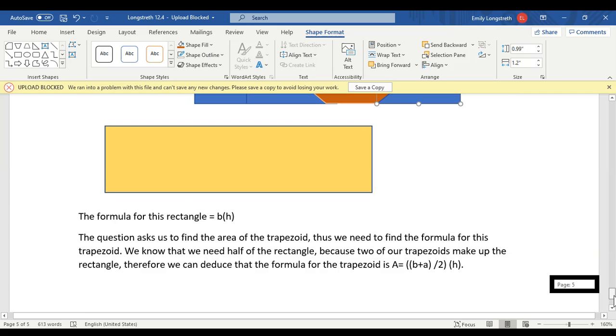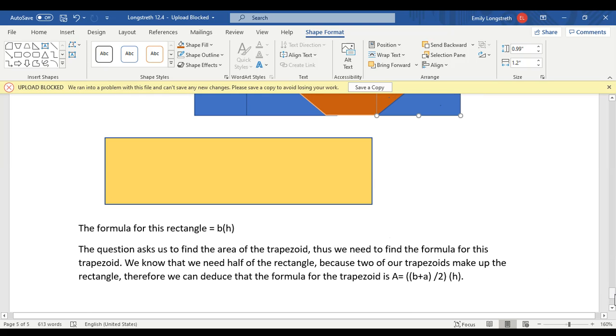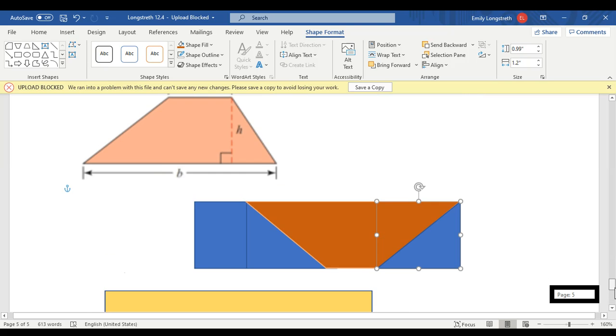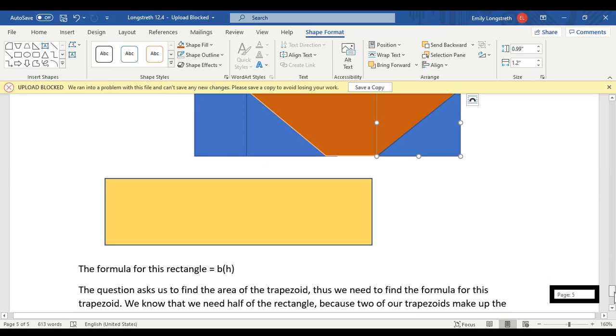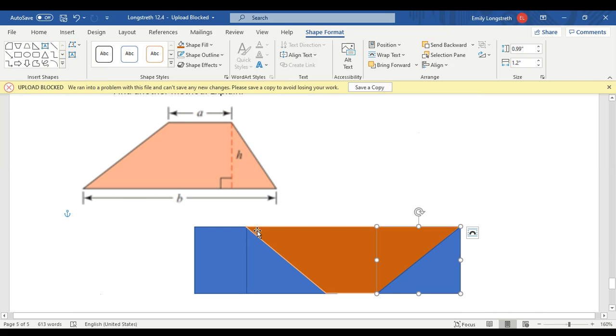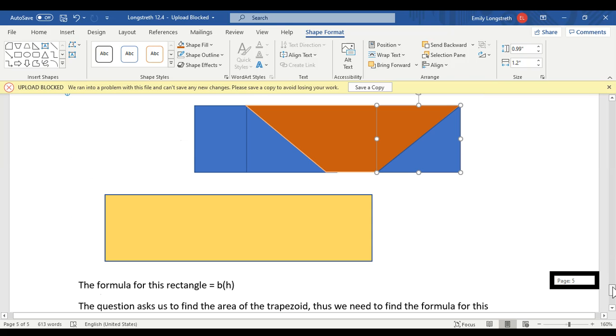And so all we need to do to find the area of the rectangle is to find base times height. Now for this rectangle, the base is B plus A times the height.